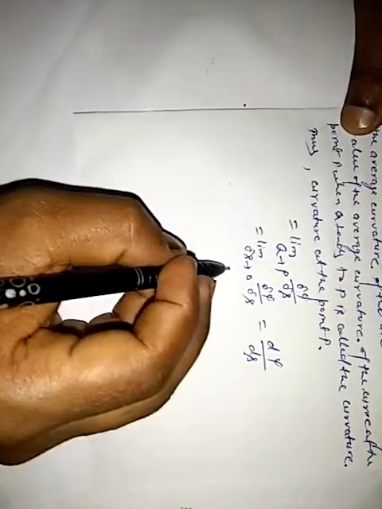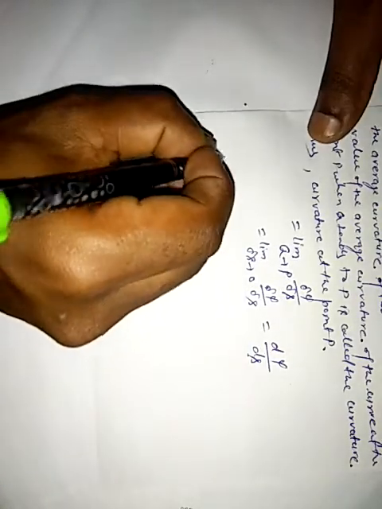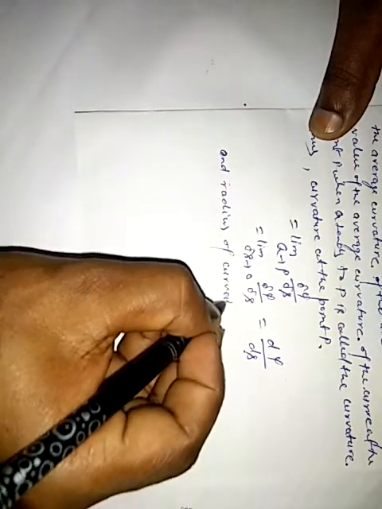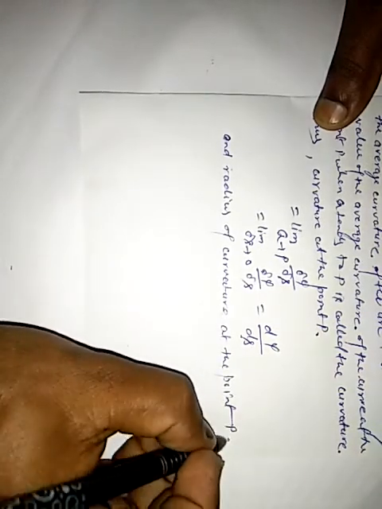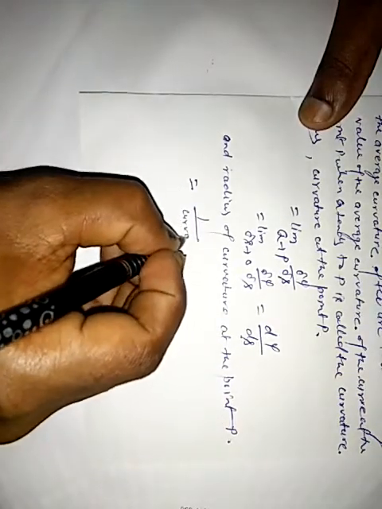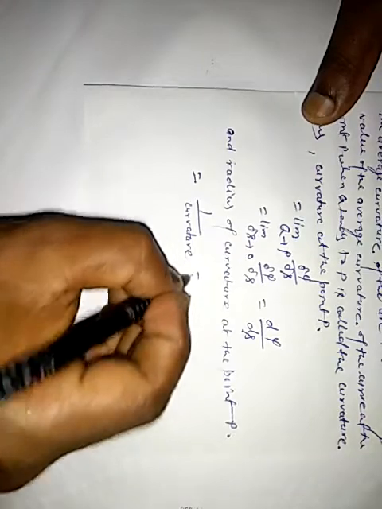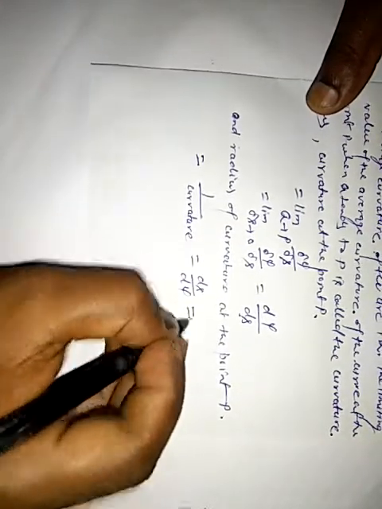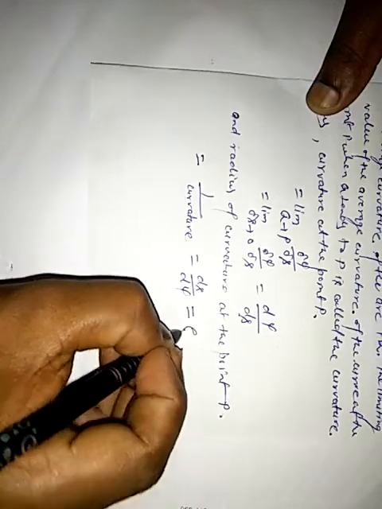And the radius of curvature at the point P is equal to 1 upon curvature, which is equal to ds upon d psi, which is rho.